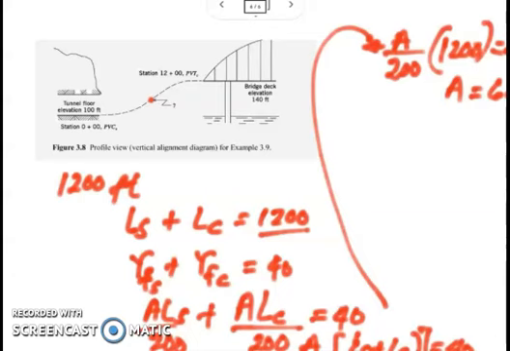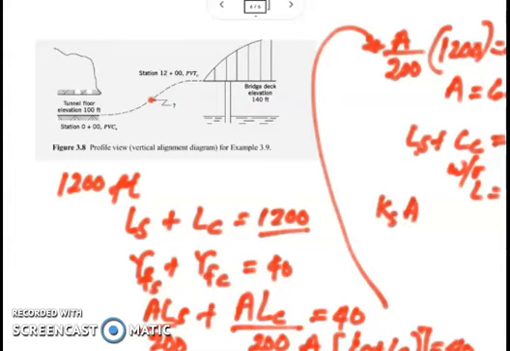So now we are going to find the value for K. From our equation, L sub S plus L sub C is equal to 1200, wherein our L is equal to K times A. So we can substitute the value for L. From this equation, we get K sub S times A plus K sub C times A, for the sag vertical curve and crest vertical curve.